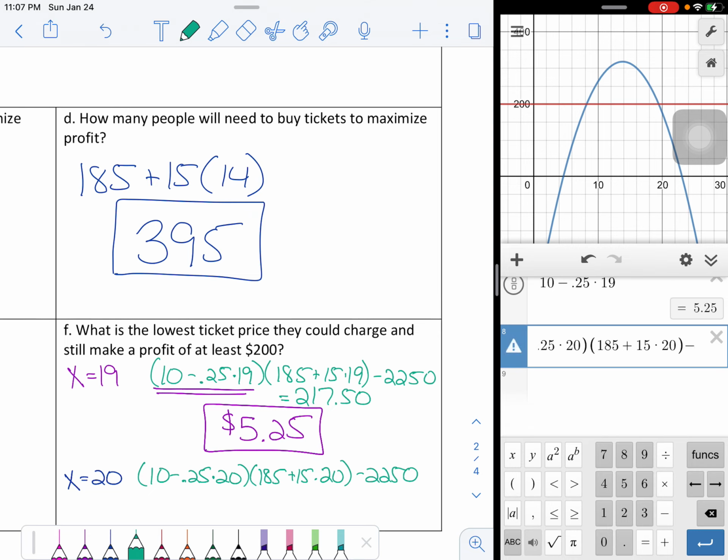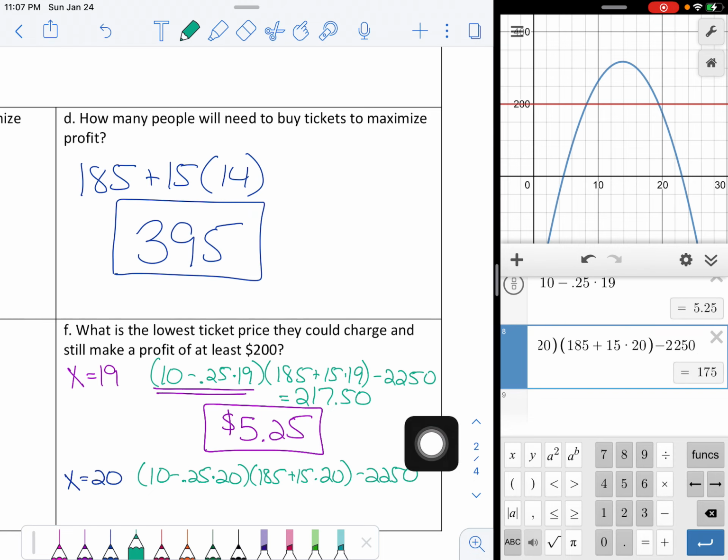Let's see, minus. Yep. All right. So what I did is I put this expression in the calculator and I got a profit of only $175. Since we're trying to make a profit of at least 200, we know this isn't going to work. So that is not a possibility.